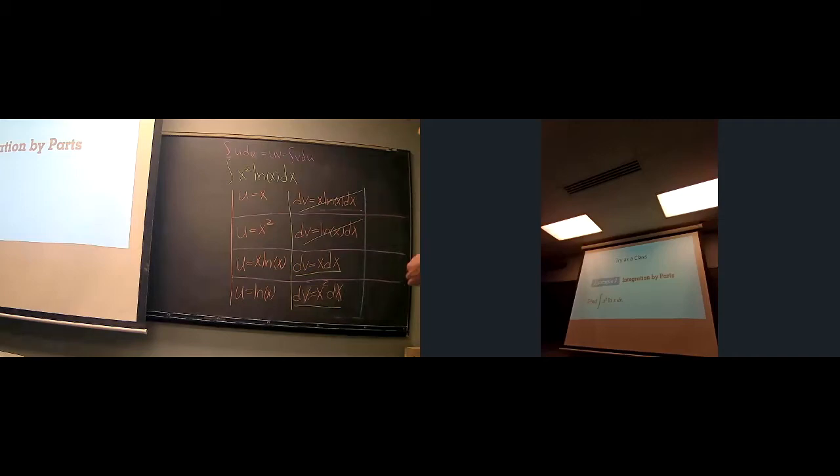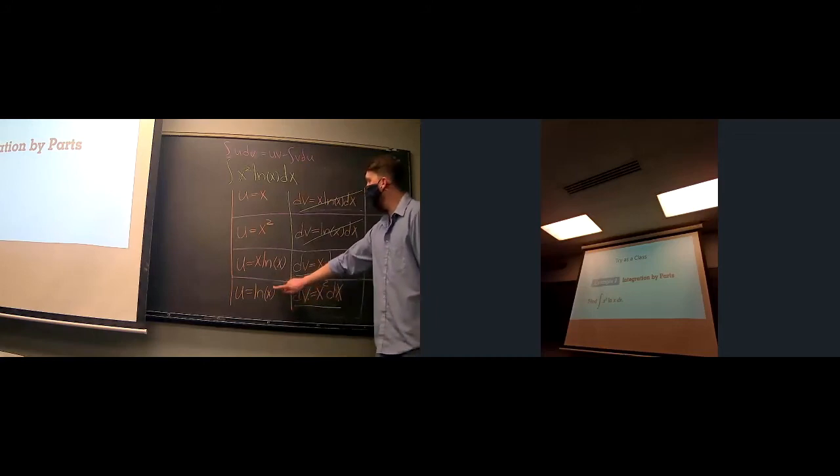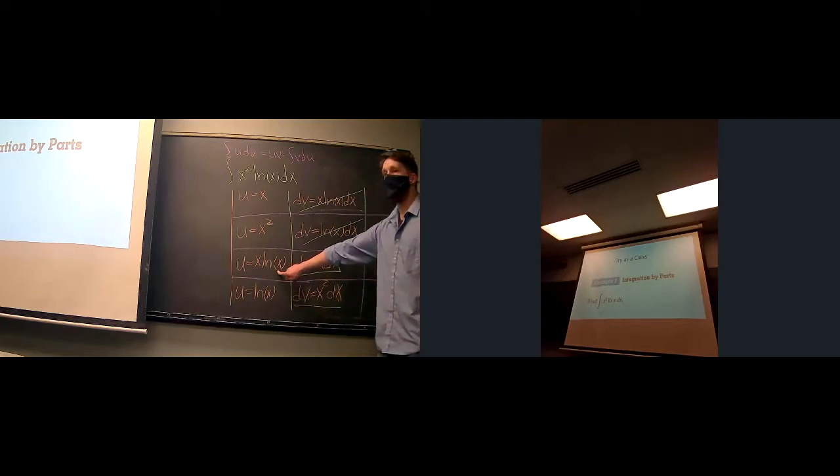Now, of the two of these, which du is going to be the nicest one to work with, based on what our v is going to be? Well, here we're going to have to apply the product rule, and we're going to get 1 plus the ln of x, dx.